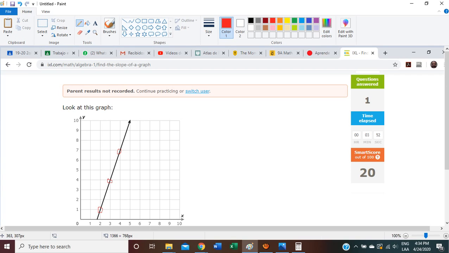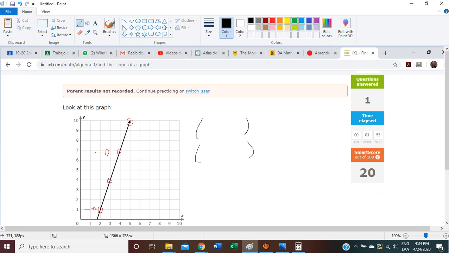I have 4 possible points that I can use, and I can choose any of these. I can choose this one and let's say this one. Now I am going to write the two coordinates.